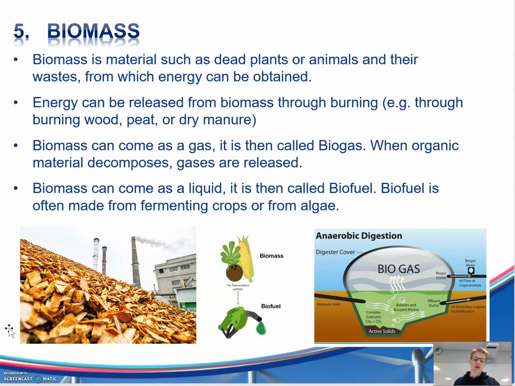If you want to burn it in a factory, you can extract that energy for electricity, or you can convert biomass into biofuel, which is often used to power cars, or you can convert biomass into biogas, which again can be used to burn and produce electricity.